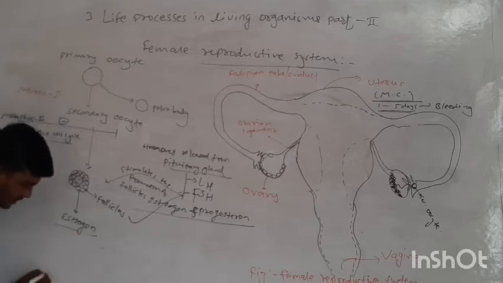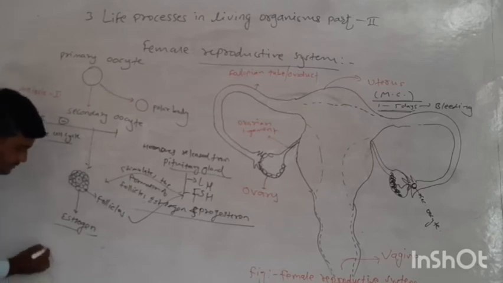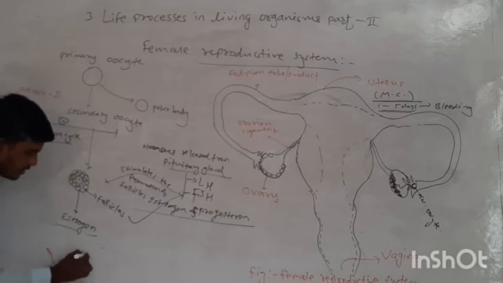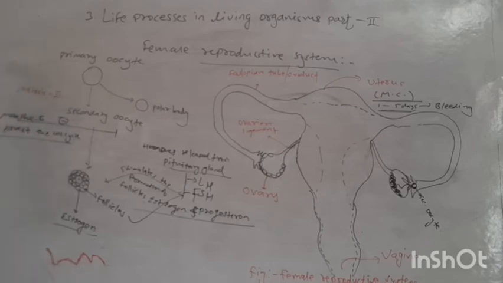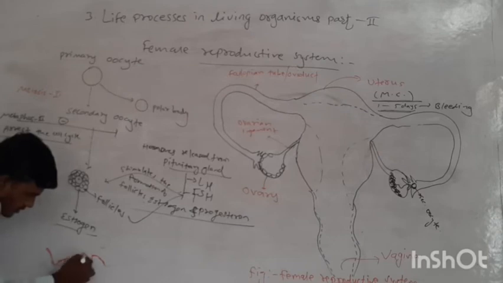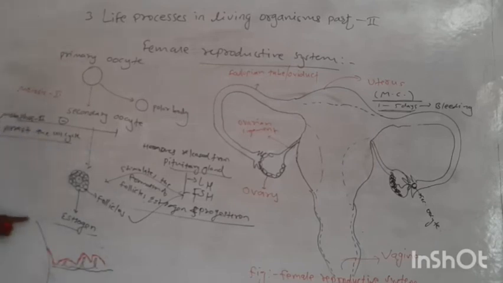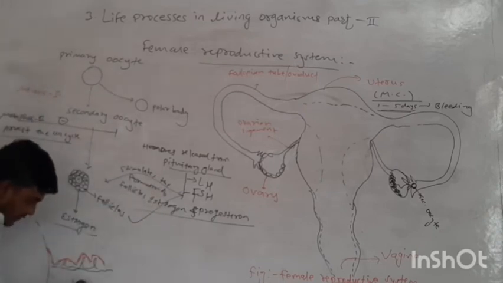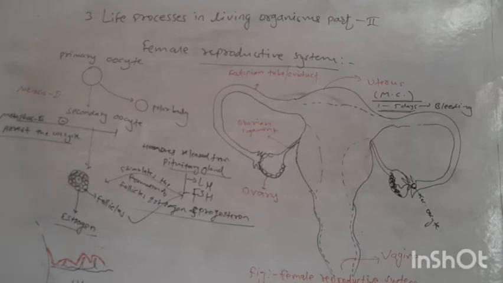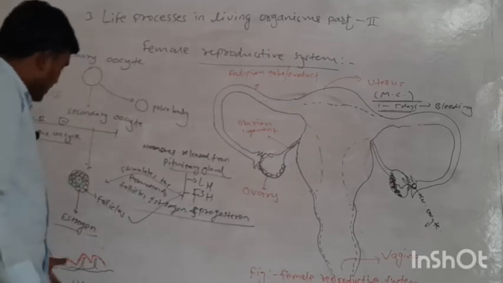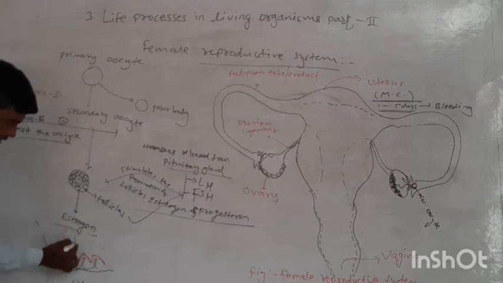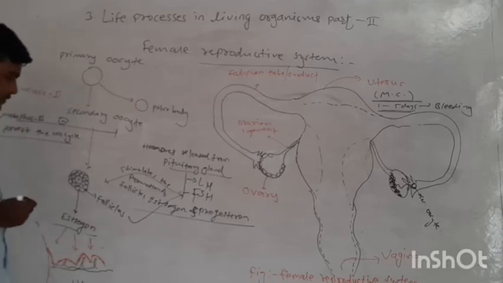I will draw it here. Suppose this is the uterus, and the formed estrogen works here for the formation of the endometrium.